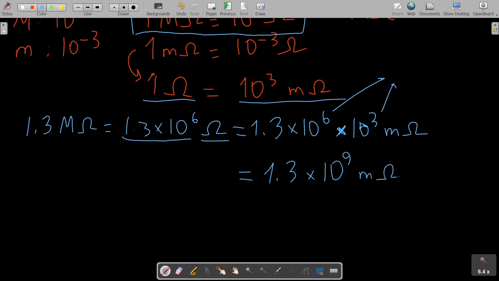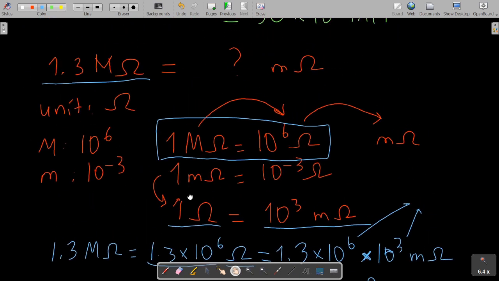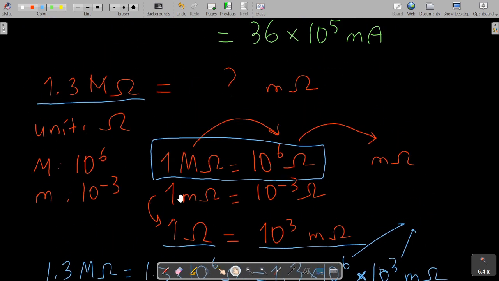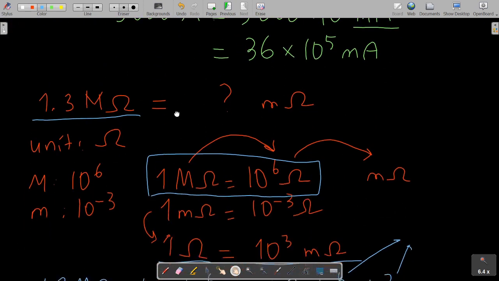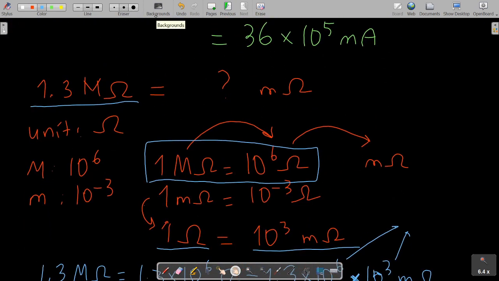So this is the answer: 1.3 times 10 to the power 9. I need to go back and write it. Always, whenever you find the answer, make sure that you are writing it in the right place so that you can get the credit. So this is 1.3.